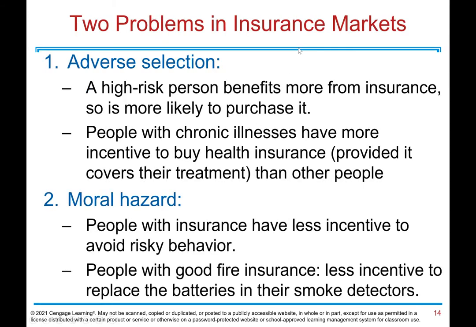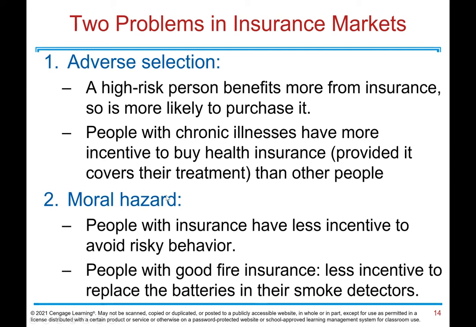Two problems in the insurance market. Number one, adverse selection. A high risk person benefits more from insurance, so is more likely to purchase it. People with chronic illnesses have more incentive to buy health insurance, provided it covers their treatment, than other people.